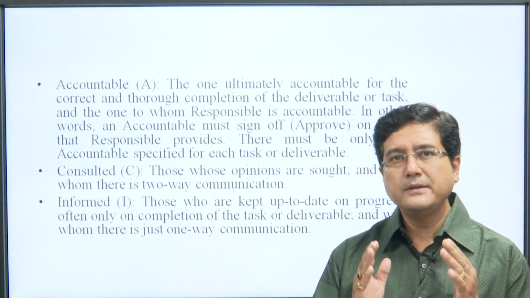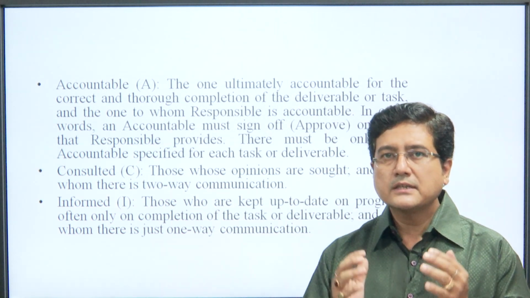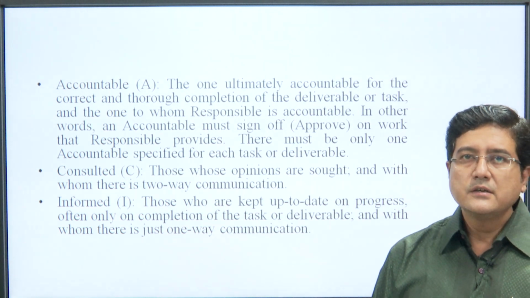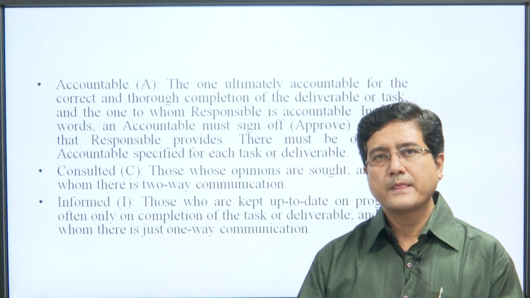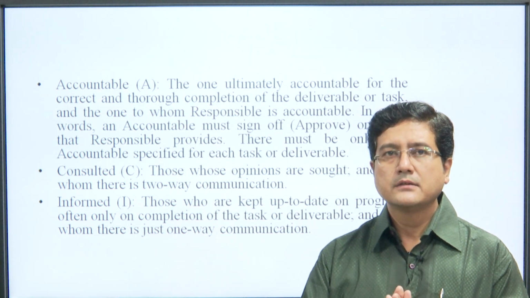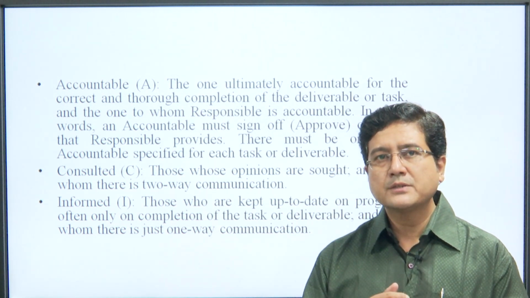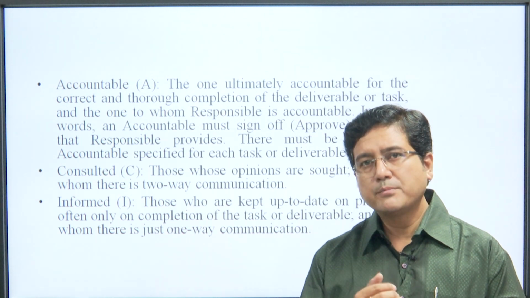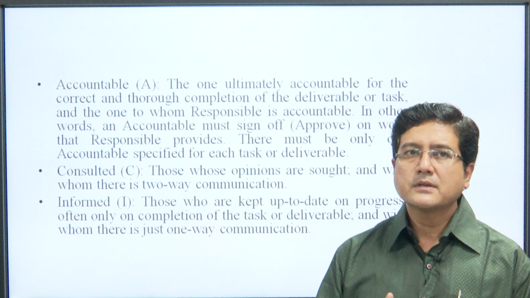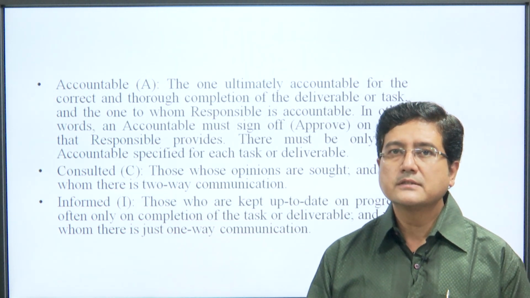Consulted means to discuss the point, to discuss the thing between two persons. Consulted means to analyze things, two-way communication between people: put the problem, get the solution from the consultation.